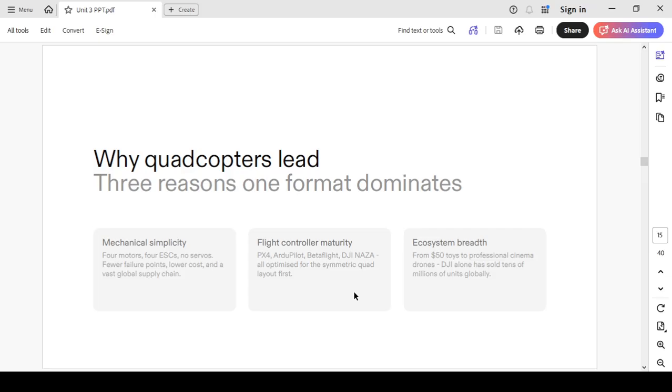When you talk about the ecosystem, they are available in all kinds of online shopping, where you can practice. You can try small drones, which are available on Amazon, Flipkart and so on.